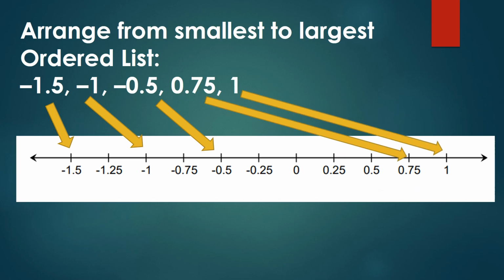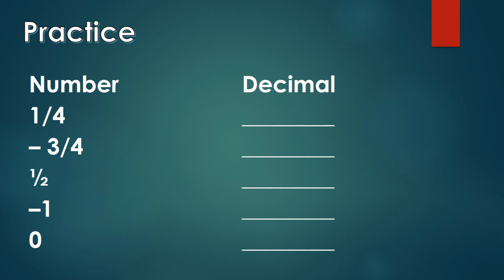Again, in order to locate the numbers, you need to arrange them from smallest to largest or largest to smallest. 3/4 or negative 3/4, that is 0.75. 1 half is 0.5. Negative 1 is 1.00. And for 0, that is 0.00.